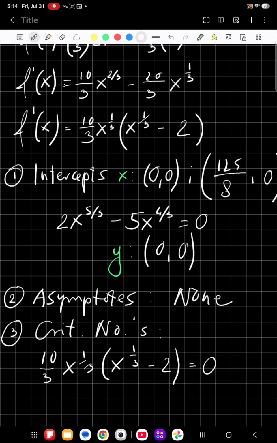Make it equal to 0, and use it as an exercise. Try to figure out how to solve it. I have it as critical points, let's keep it as numbers. So the first critical number is x equals 0, that's one of the solutions. And then the other one, x equals 8.